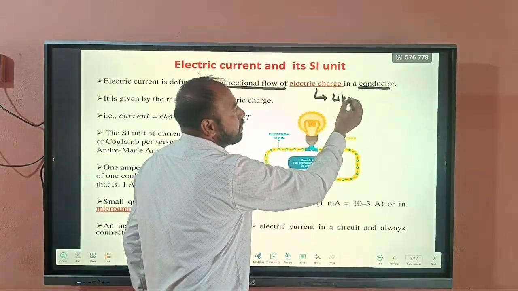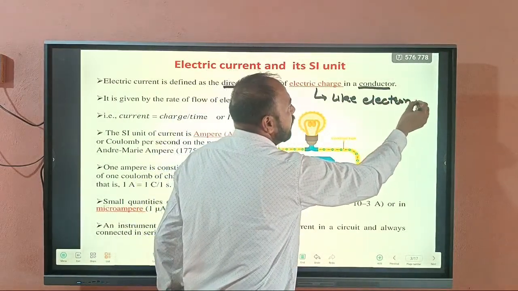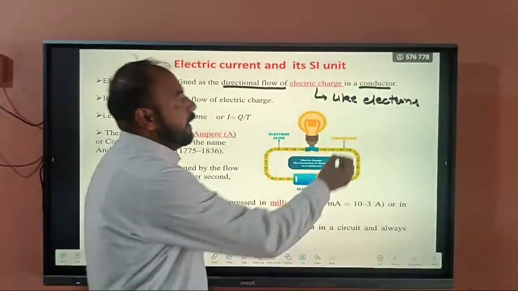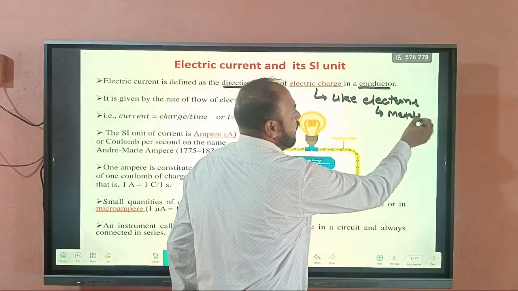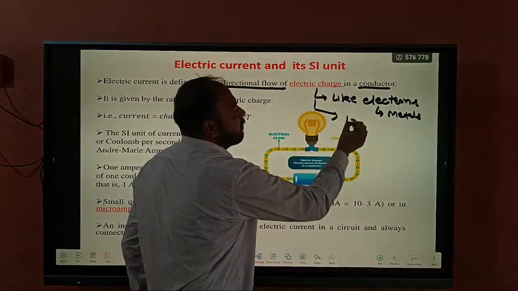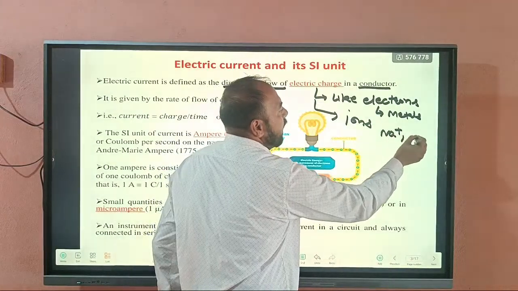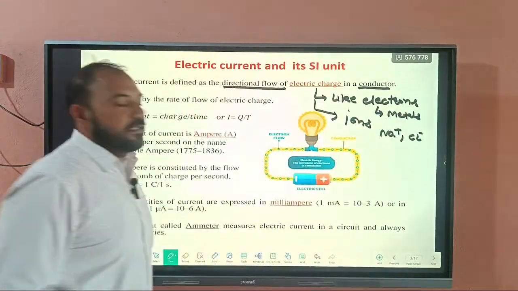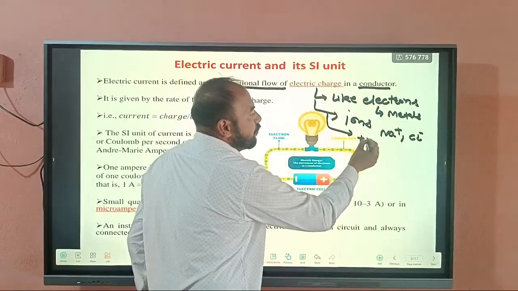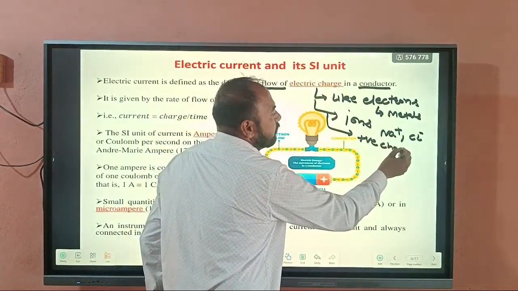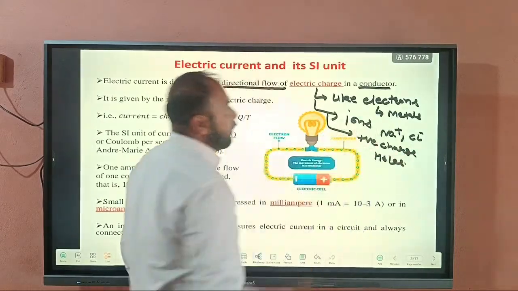Electric charge is carried by, like, electrons. These electrons are basically in metals. Then there are ions, like Na positive and Cl negative. These are ions, and the positive charge is the hole.